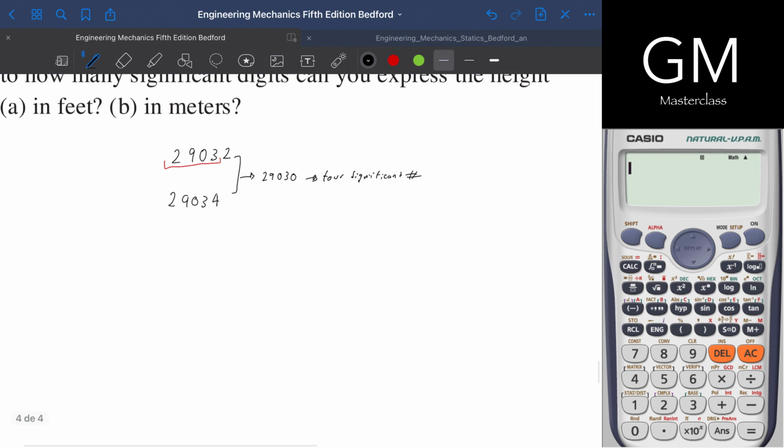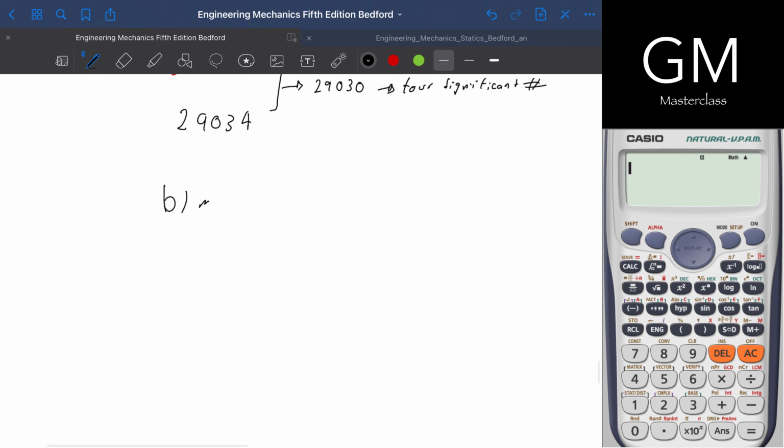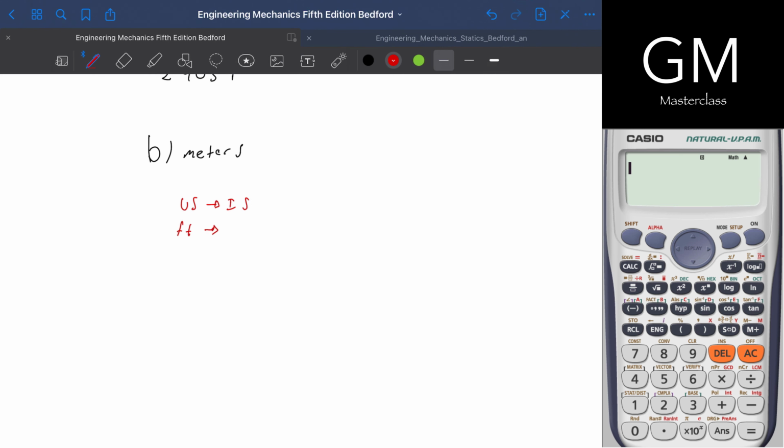Then the B part of the exercise, meters. What we're going to do here is pretty simple, and that is to convert the US units to the international system units, which is converting from feet to meters.